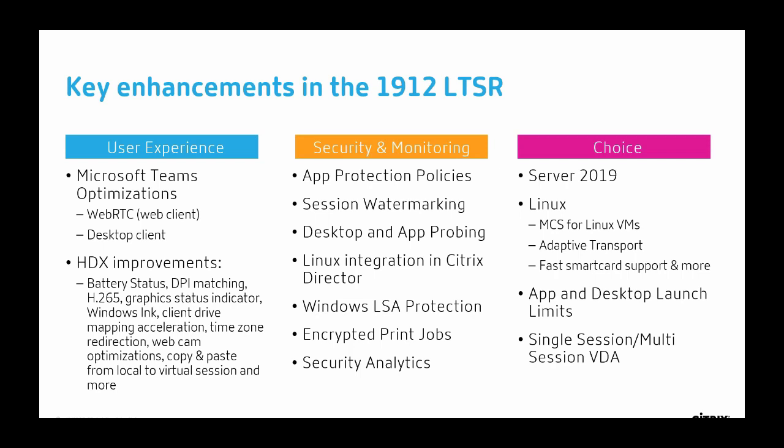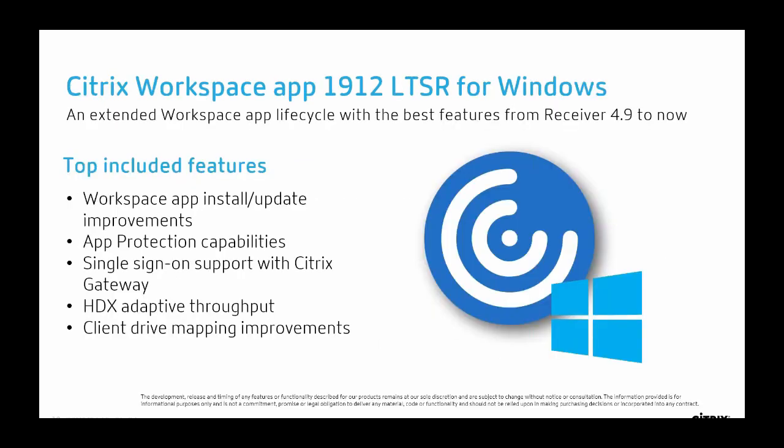A key thing here is that this is the first Workspace App LTSR since we transitioned from Citrix Receiver. We're excited for customers to migrate from Citrix Receiver 4.9 LTSR to this release. There are a number of quality fixes and features that have gone into this since the last Citrix Receiver LTSR.